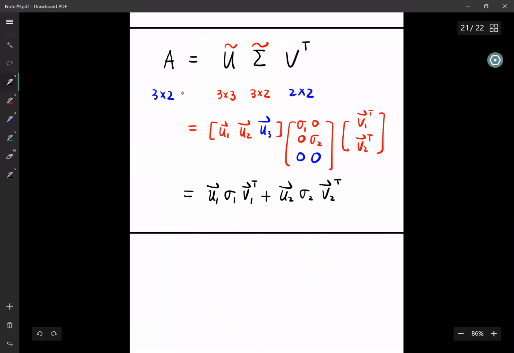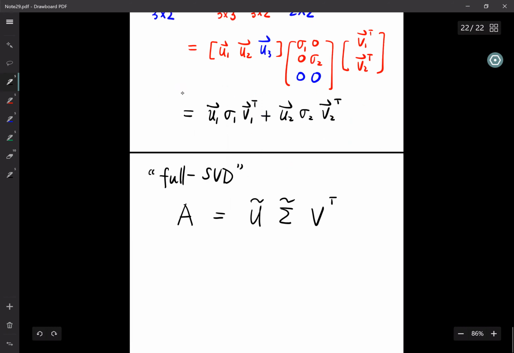So instead of the thin SVD, you can say the full SVD is A equal to U tilde sigma tilde V transpose.